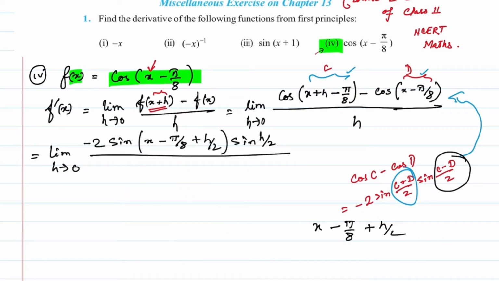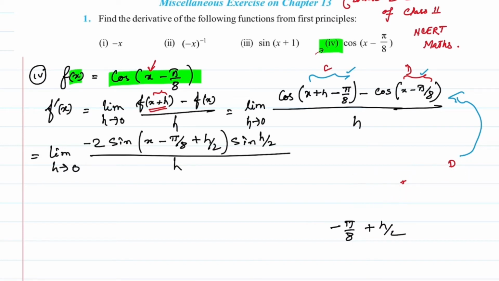So let me clean this part. Now there should be h as denominator. Now what are we going to do? Now you see again this minus 2 can be written here as h. We can write this 2 as here h by 2.